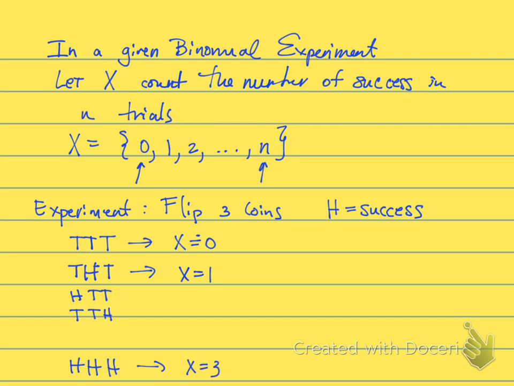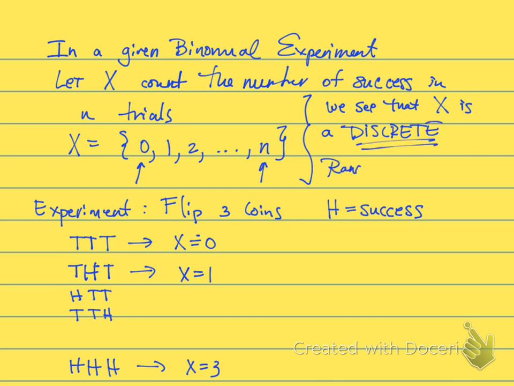Now, coming back to our discrete random variable, we see that x is a discrete random variable. So that means any of our calculations should be sums and not integrals.